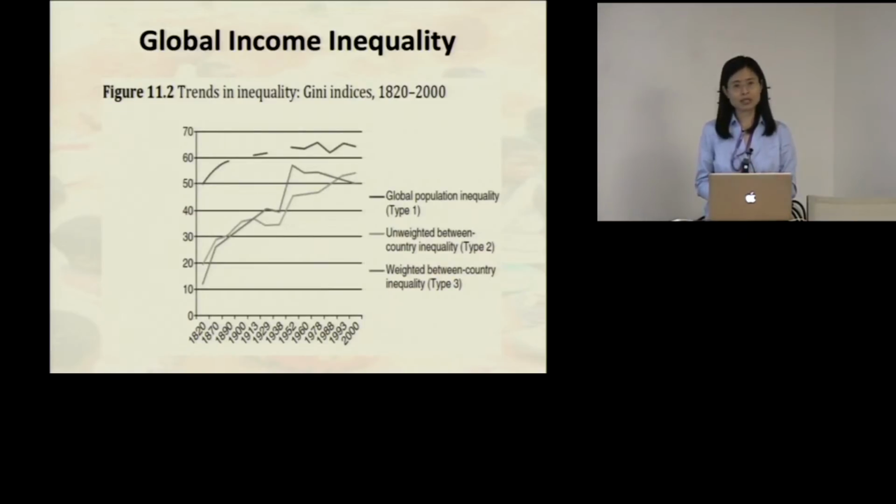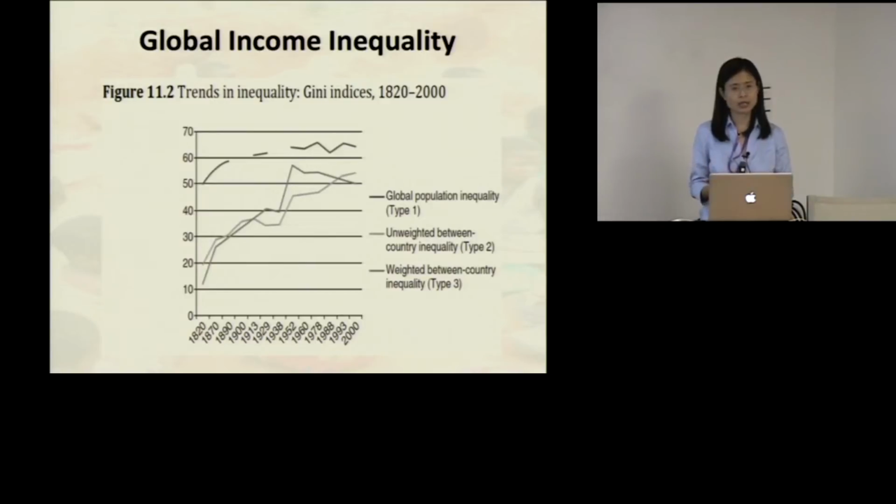Then the third way to do it is to take into consideration the size of the country, because some critics say that big countries and small countries are different. If South Korea has an income increase of 30%, that shouldn't count as the same as China having an income increase of 30%.